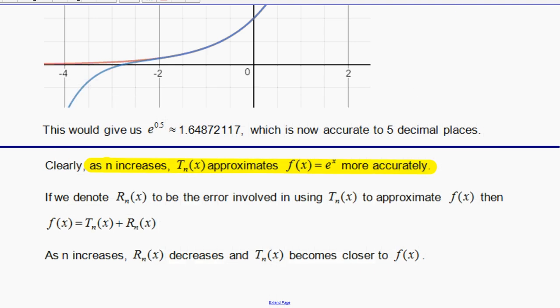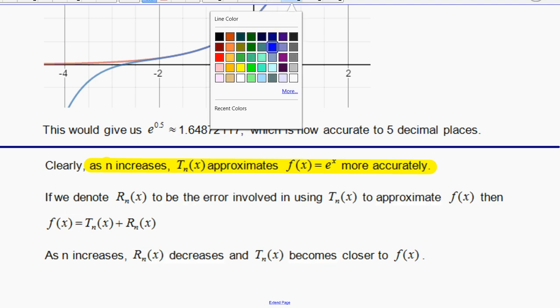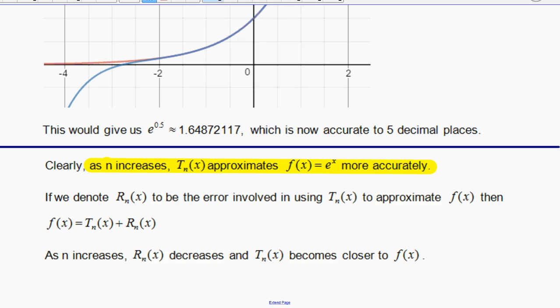So if we denote Rn to be the error involved when using any Taylor polynomial to approximate a function, then f of x will be given by T sub n of x plus R sub n of x.